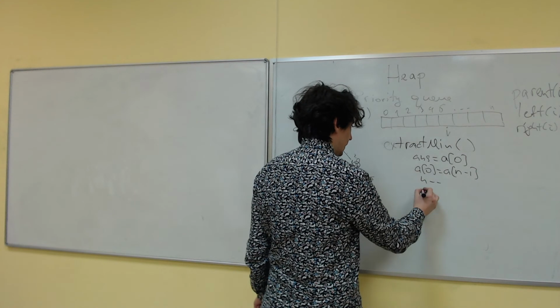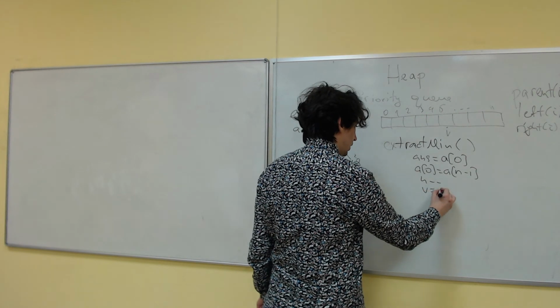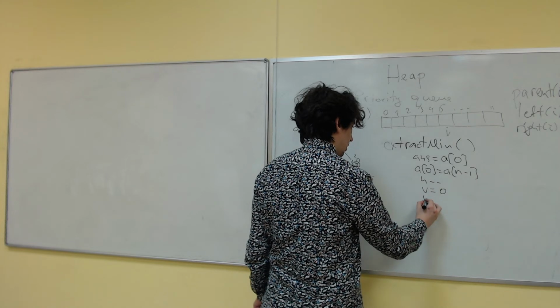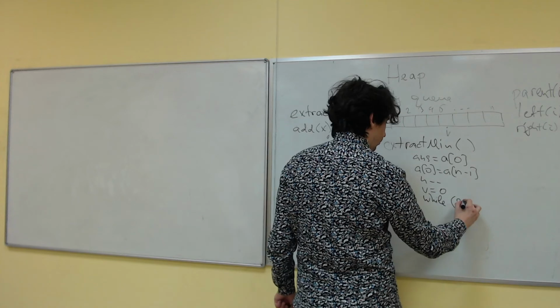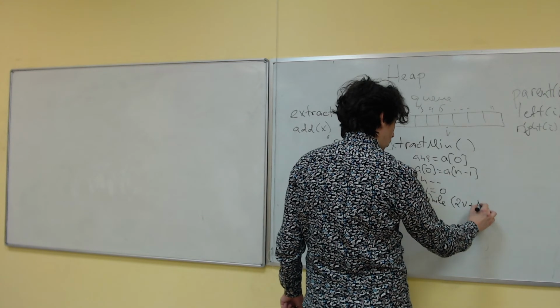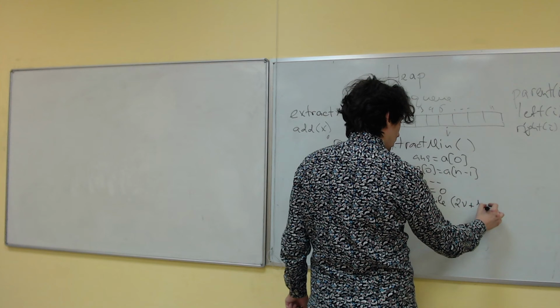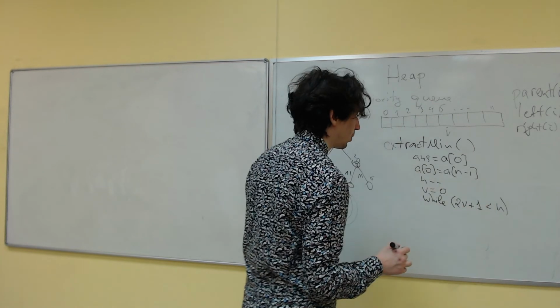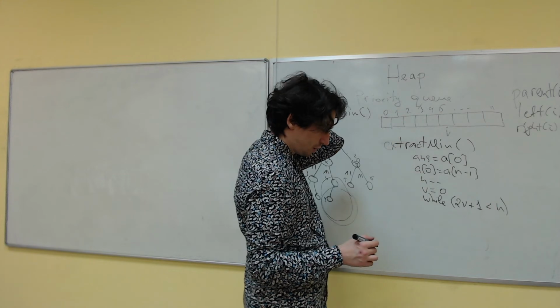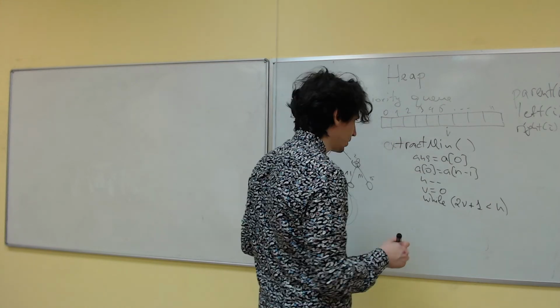Then we say that v is equal to 0, and while 2v plus 1 is less than n. Probably I'm mistaken somewhere here with the equals.